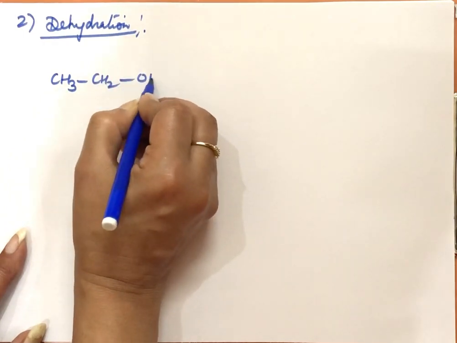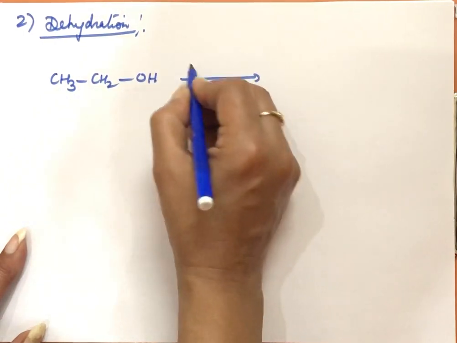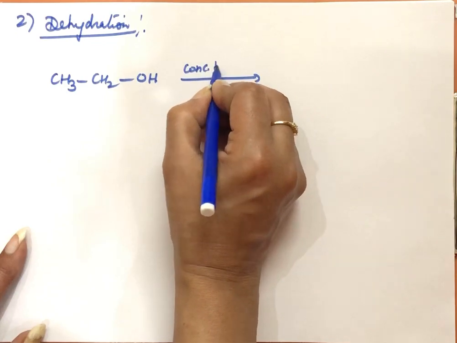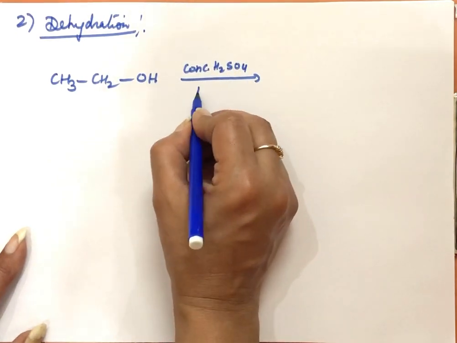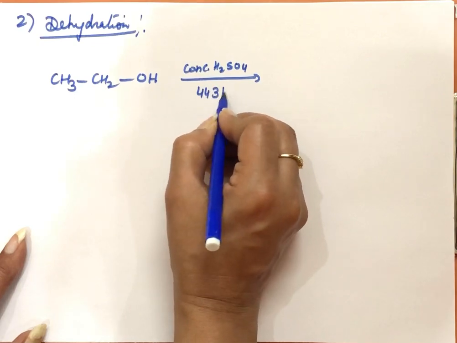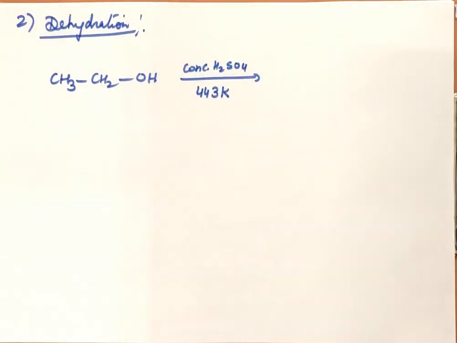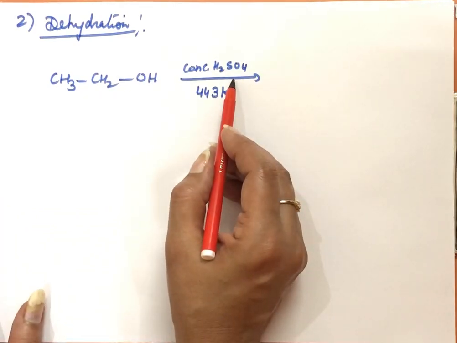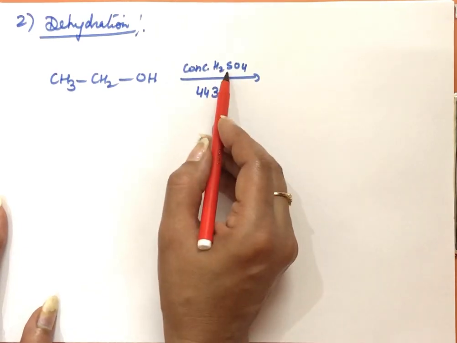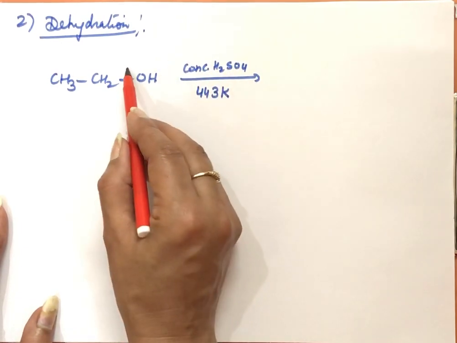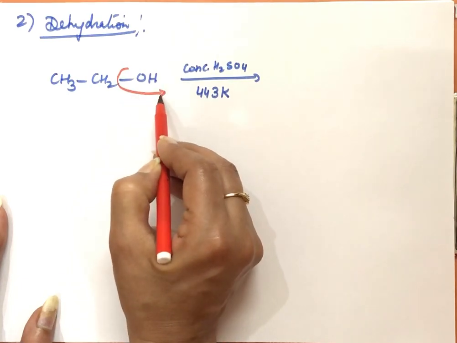We take alcohol, and for dehydration we use a dehydrating agent, normally concentrated sulfuric acid, and we have to learn the temperature of this reaction also, that is 443 Kelvin. In place of this dehydrating agent we can also use phosphoric acid or anhydrous zinc chloride. This dehydrating agent will pull water from the alcohol.